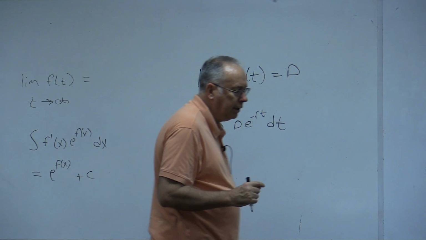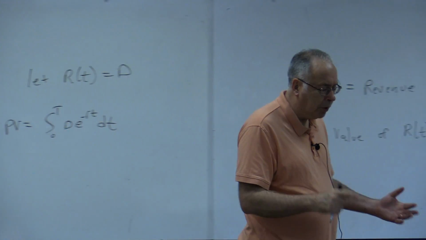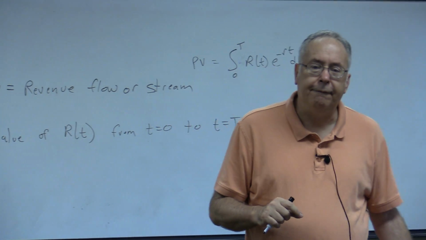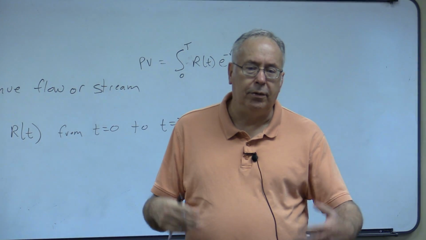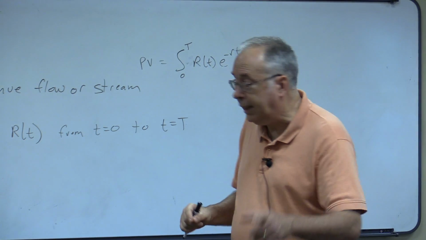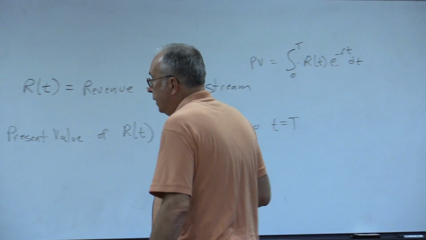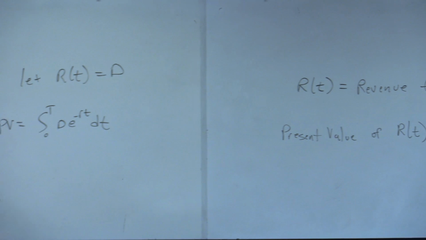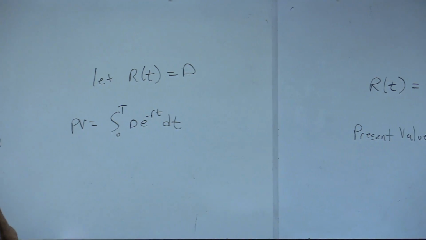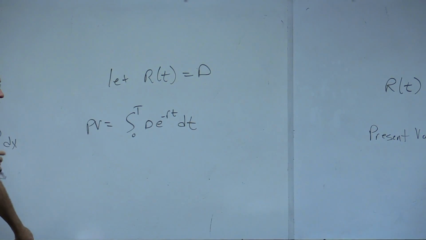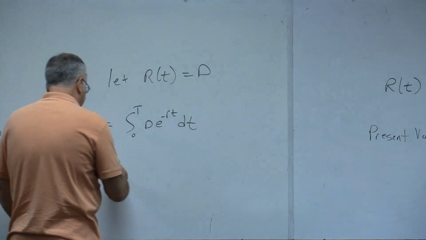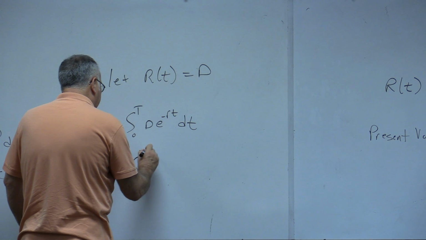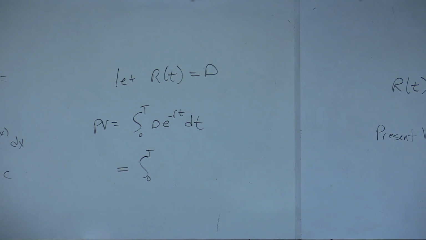What do you need in order to directly integrate it? Yes. Right. So what we need, Gray, is for this d to be a negative r. So how could we do that? We could do it, Gray, as long as we do what?